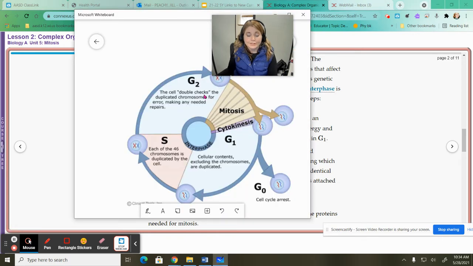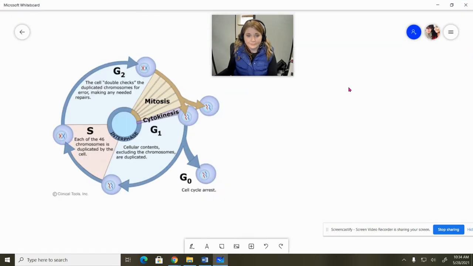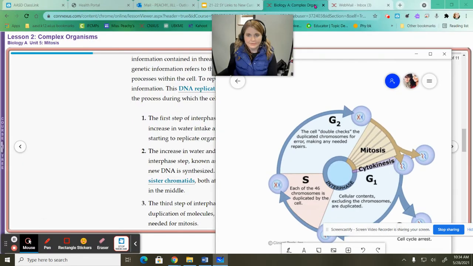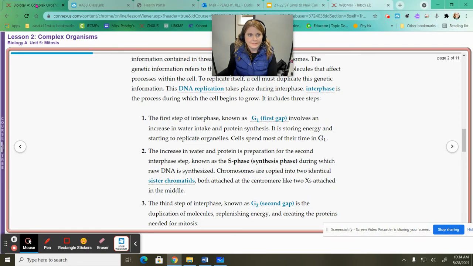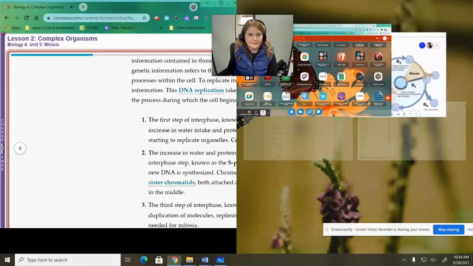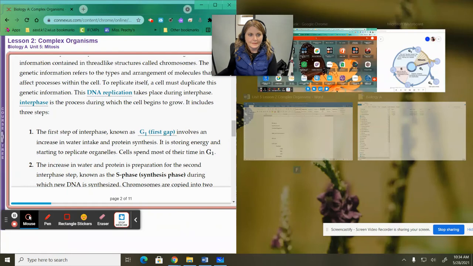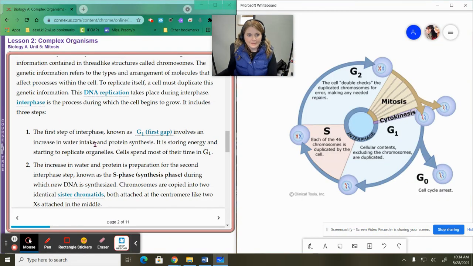Okay, so during the cell cycle, which we have here, I'm going to split my screen so we can both see both screens for a moment.